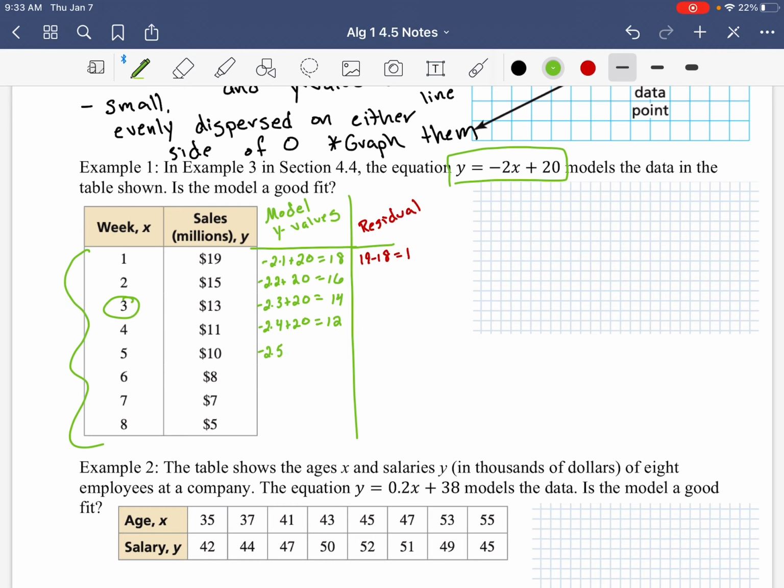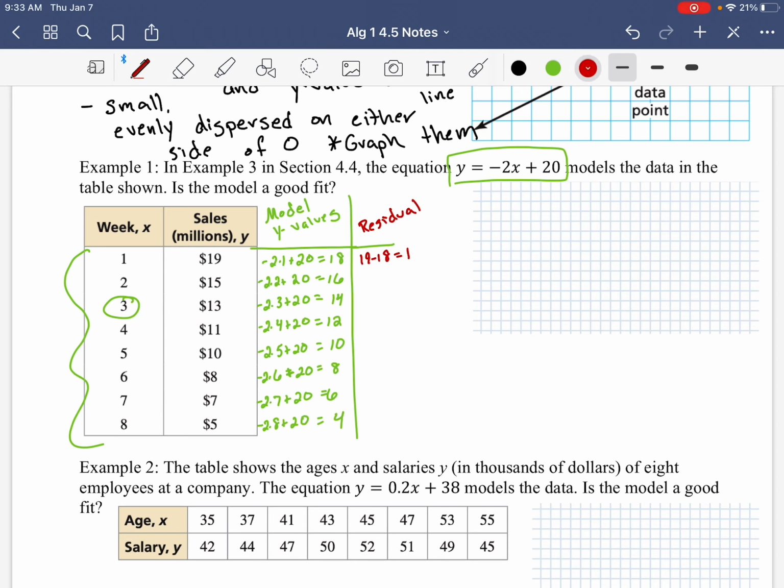Negative 2 times 5 plus 20: negative 10 plus 20 is 10. Negative 2 times 6 plus 20: negative 12 plus 20 is 8. Negative 2 times 7 plus 20: negative 14 plus 20 is 6. And then negative 2 times 8 plus 20: negative 16 plus 20 is 4.